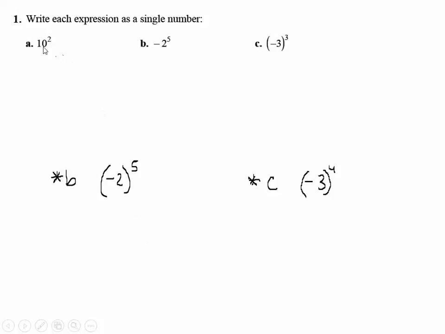Alright, so for A, if you have 10 to the second, that really means 10 times 10, or 100.